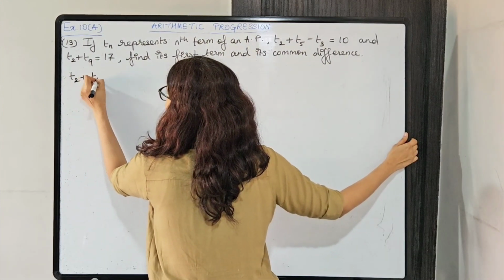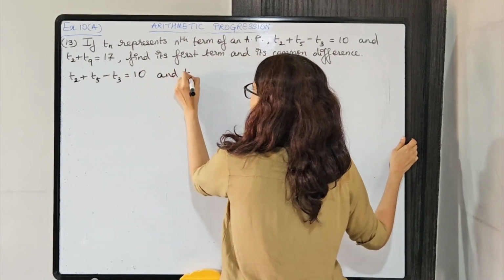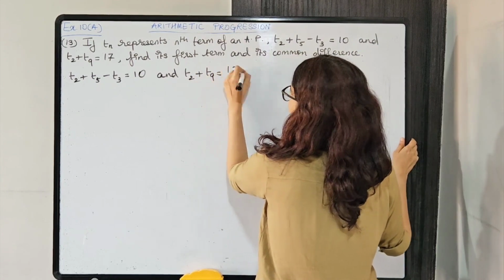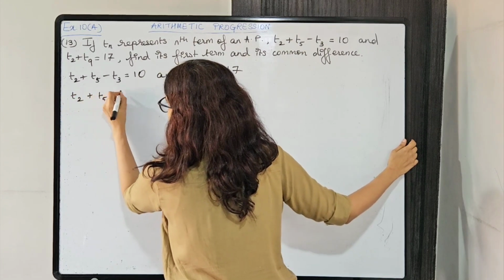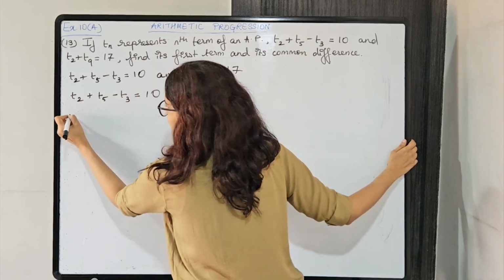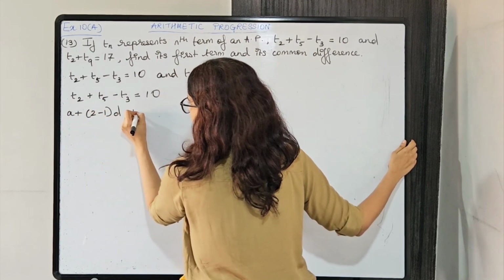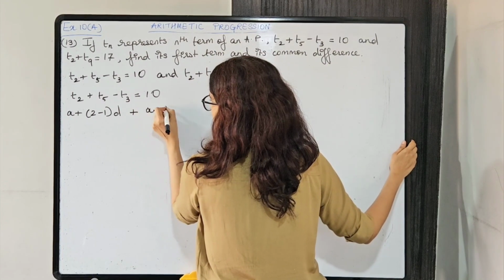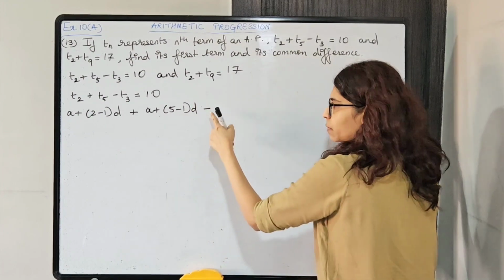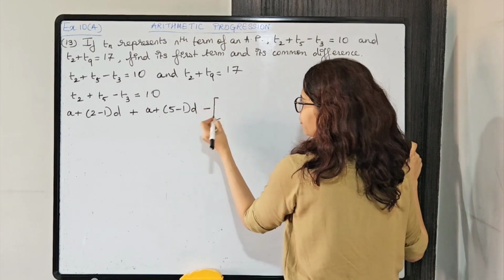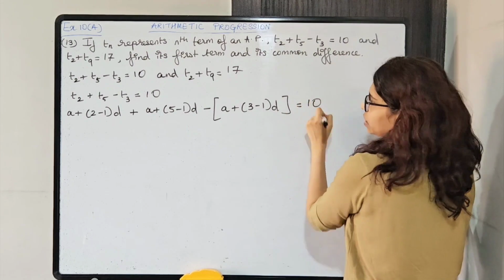Write down the given information first. Okay. So we are given this and T2 plus T9 is equal to 17. Let us first consider the first equation. So T2 will be A plus 2 minus 1D, plus A plus 5 minus 1D for T5, minus, put brackets because of the minus sign, the signs will change, A plus 3 minus 1D equals to 10.